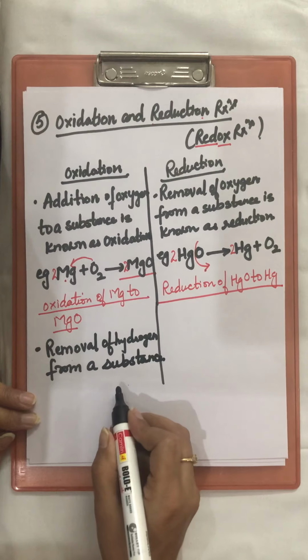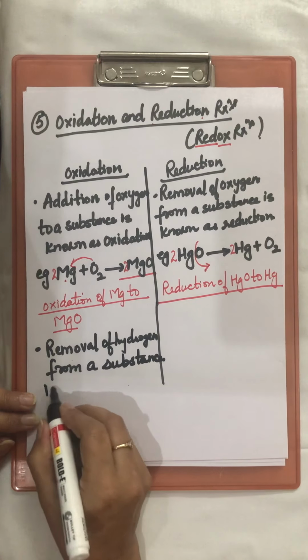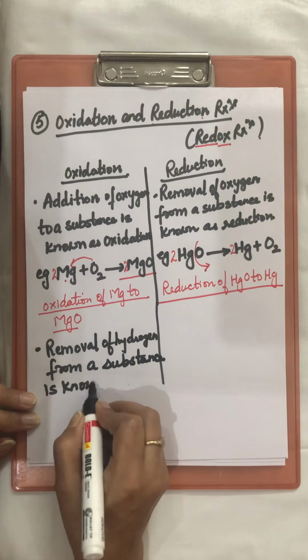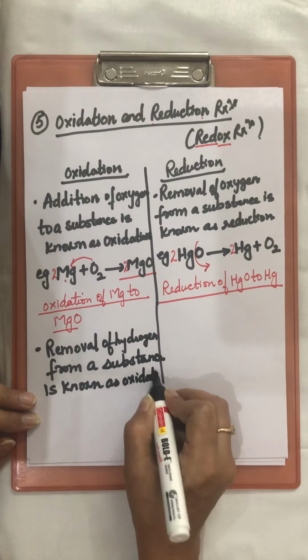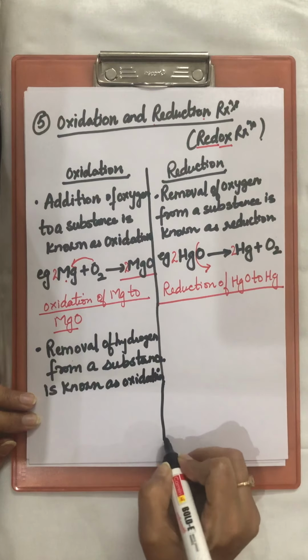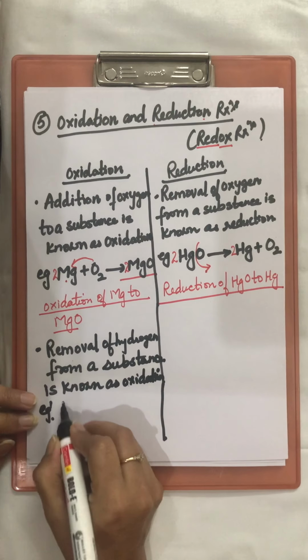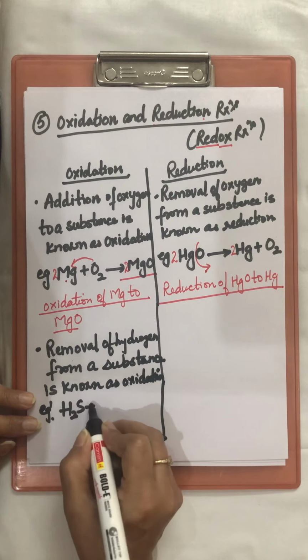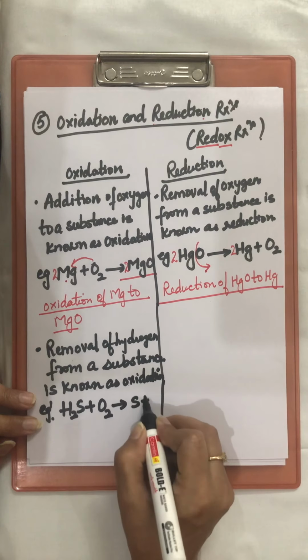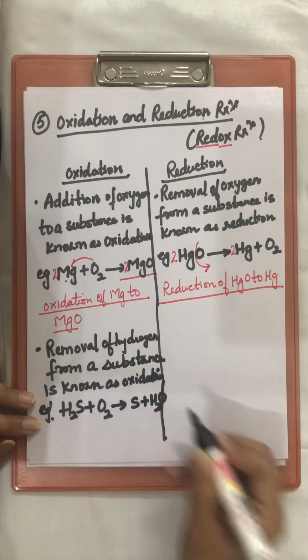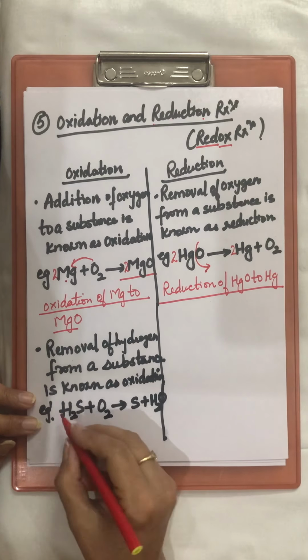If hydrogen comes out from a substance, this is also known as oxidation. Example, H2S when it reacts with oxygen, there is formation of sulfur and water.